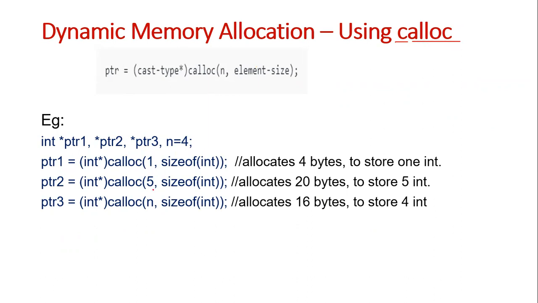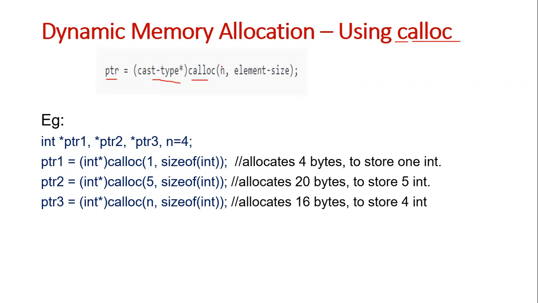And the syntax also differs slightly. So this is the syntax. ptr is some type of pointer equal to a cast type, which is any data type, depending on what type of data you want to store in the memory, and then calloc within brackets n comma element size.